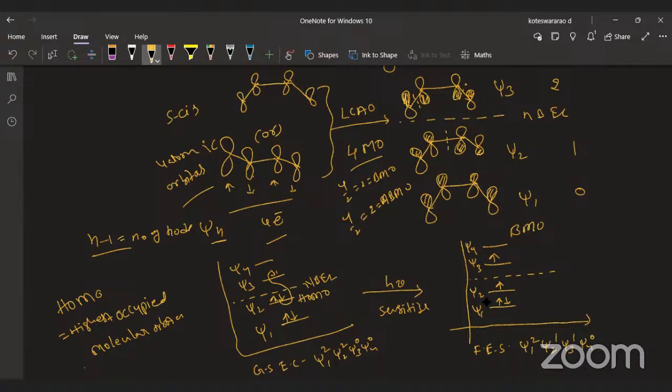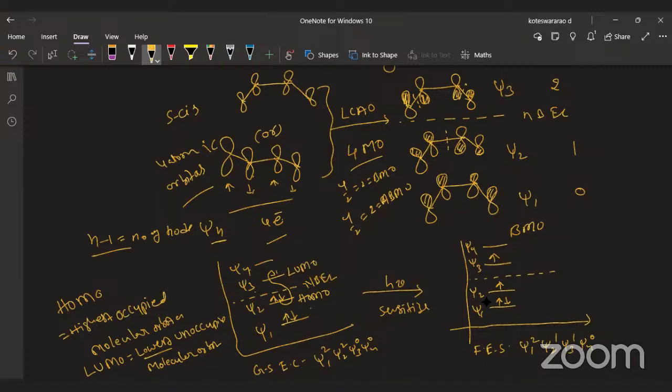And the next one is LUMO. What is LUMO? Lowest unoccupied molecular orbital, meaning the lowest energy unoccupied molecular orbital. Here psi3 and psi4 are empty. Which one has the lowest energy? Psi3. Therefore, this is the LUMO.